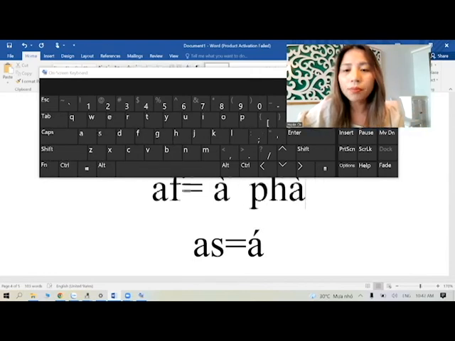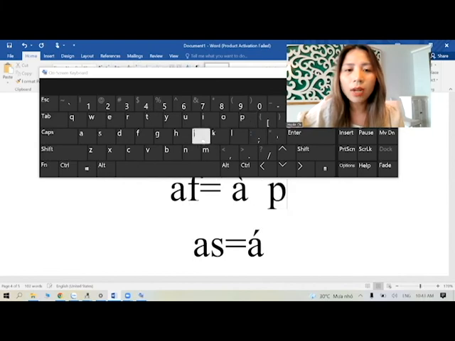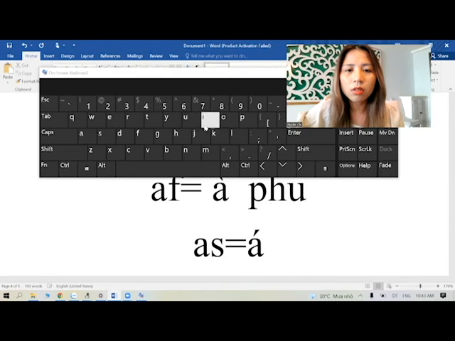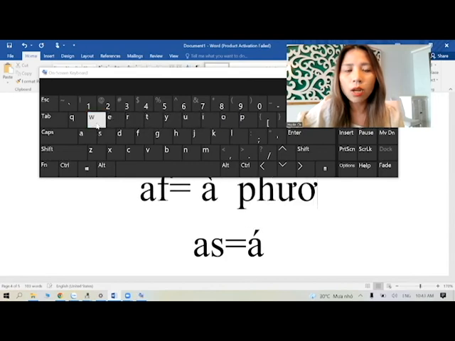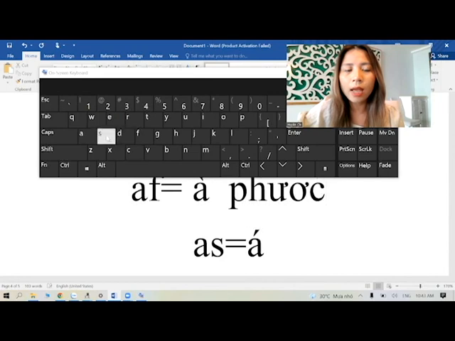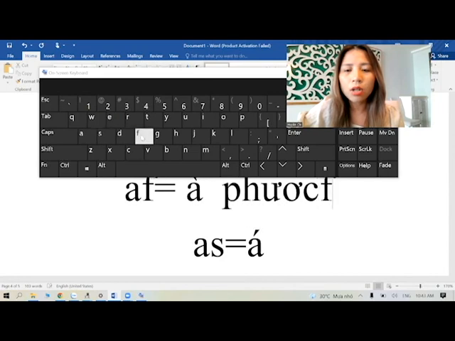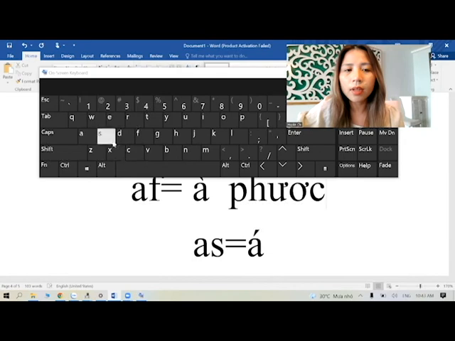For example, when I want to put a hook, I can do that, and this, and then I put, no, sorry. If you put S, it's going to be the up tone.